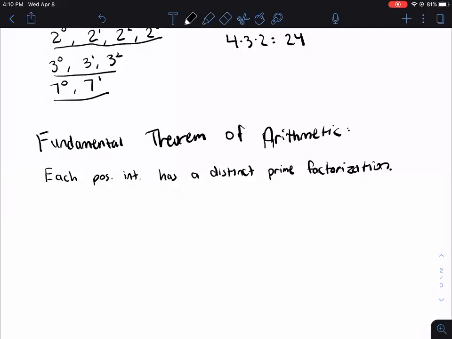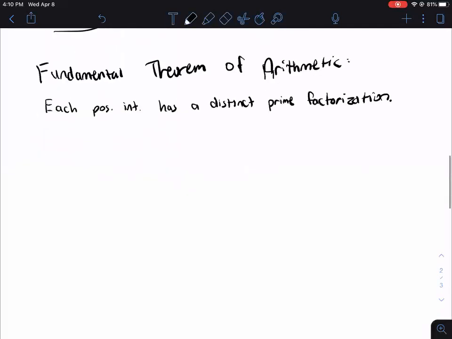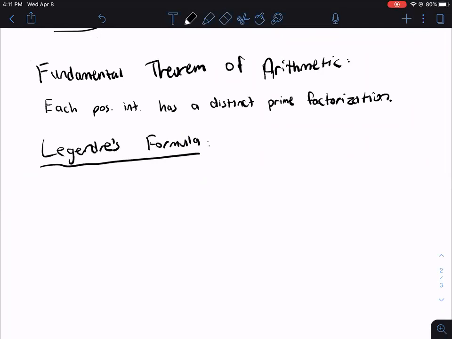Okay, so one last concept we're going to cover before looking at problems is called Legendre's formula. This is a concept that appears in AMC8s and MathCounts a lot.